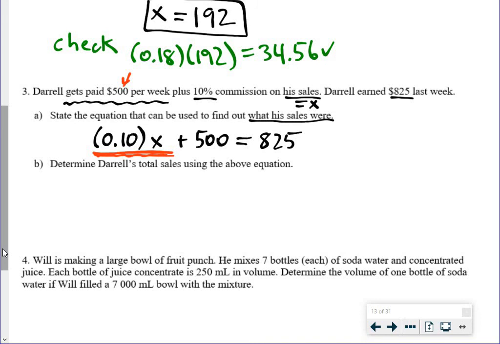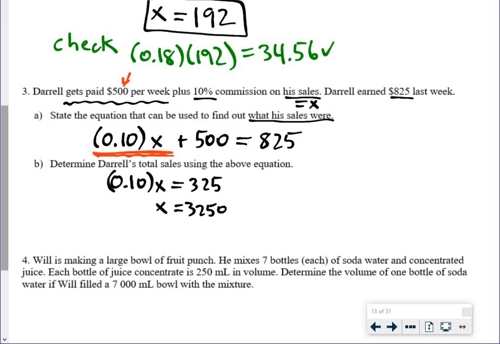So I could even simplify this further. I could say 0.10x is equal to 325. So that's an option. And then I could solve for x. X works out to be 3250 because I just divide both sides by 0.10.